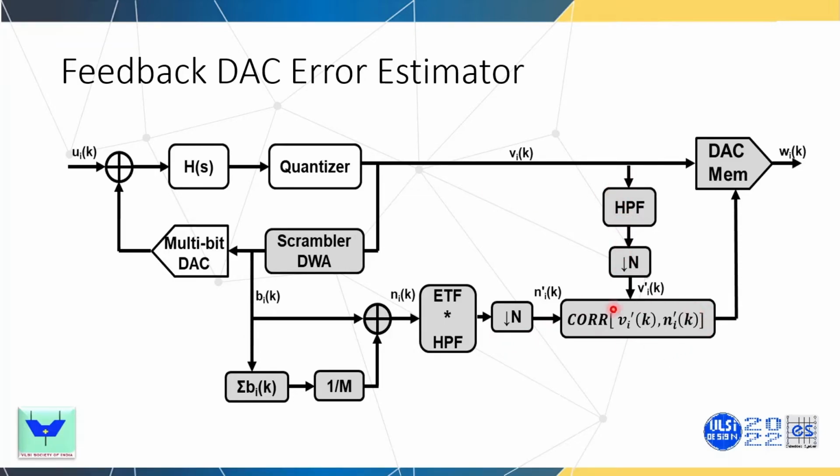We have a correlation that is running at a lower rate, decimate by n, and we do a correlation of each and every element one by one in round robin fashion, and we continuously update the DAC memory, and as I showed you, at the output of the DAC memory we will have the DAC mismatch error high passed. So this is the estimator plugging in the coefficients into the DAC memory.